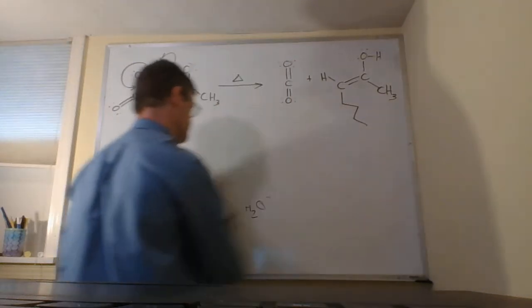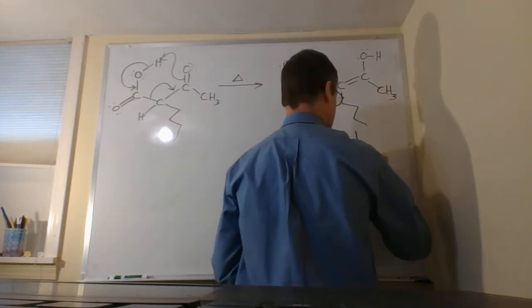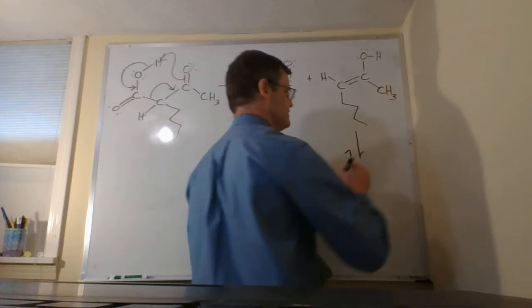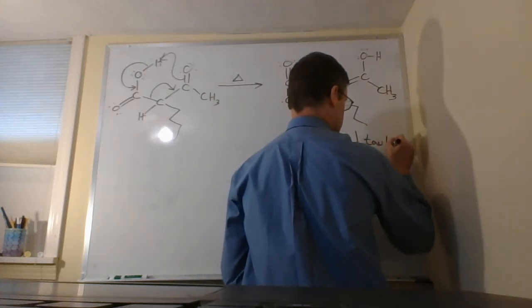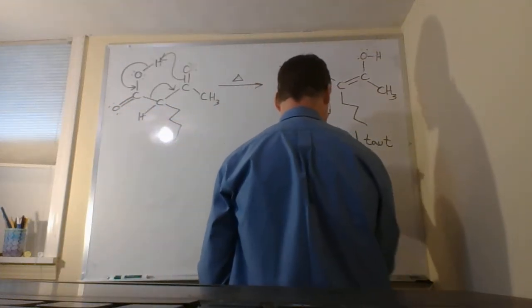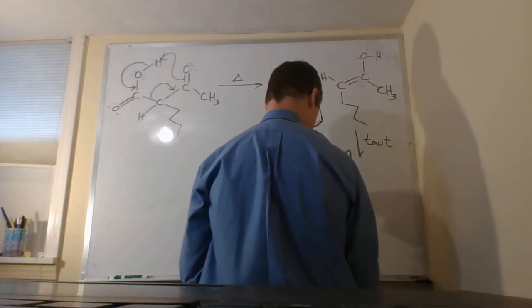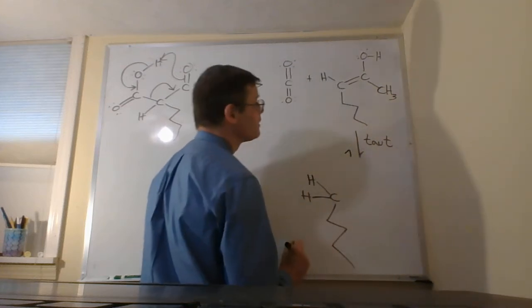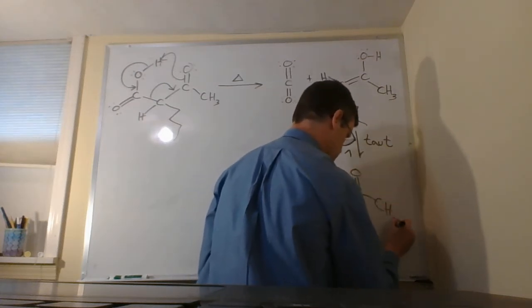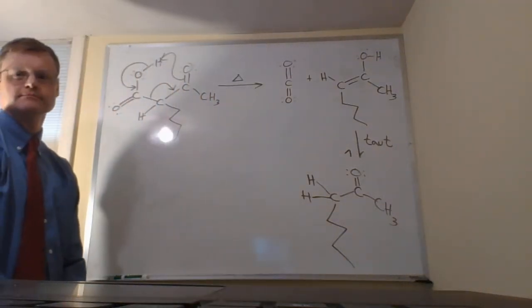And then that enol can undergo acid catalyzed tautomerization. That's 2 proton transfers that happen. Okay, and there we go.